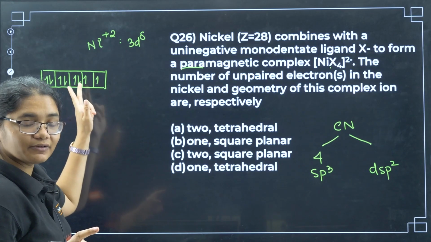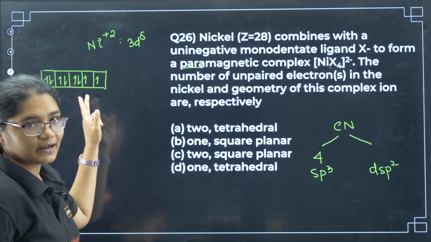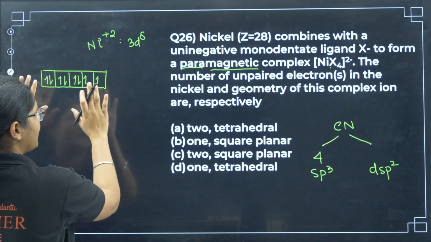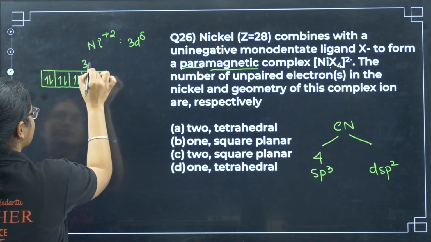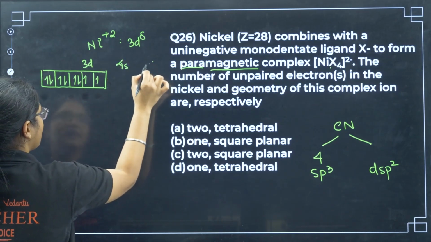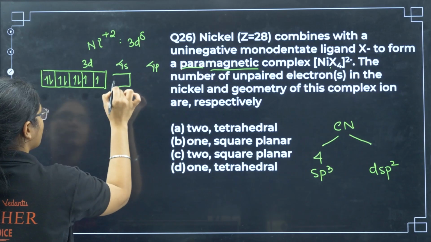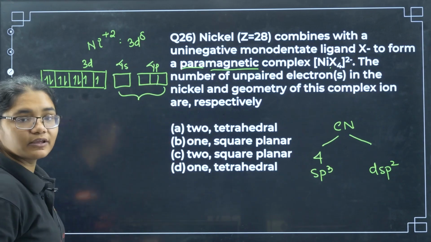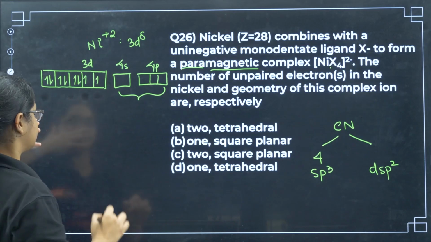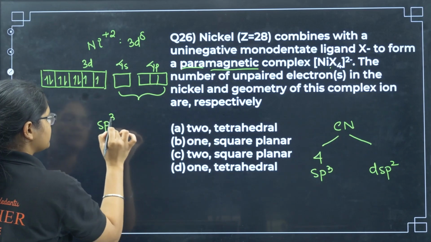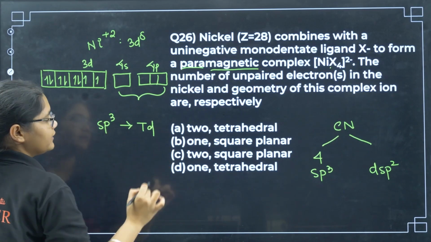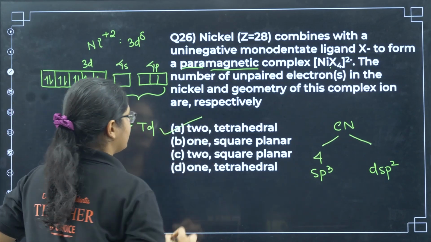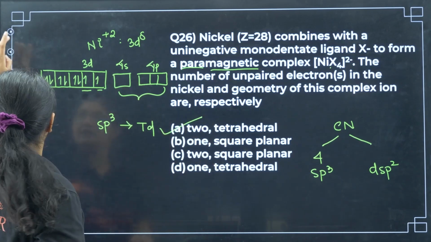If I do pairing of electrons, there will be no unpaired electrons. It is given that the compound is paramagnetic, so this one will remain as it is. That is your 3d. Next I have 4s and 4p, and these orbitals will combine to give me sp3 hybridization. In sp3 hybridization, what is the geometry? Tetrahedral. And how many unpaired electrons are there? 2. So 2 and tetrahedral, option number A here.